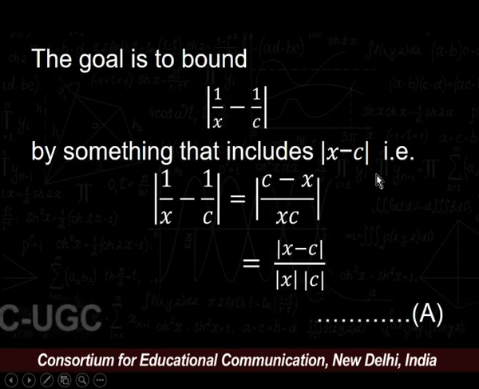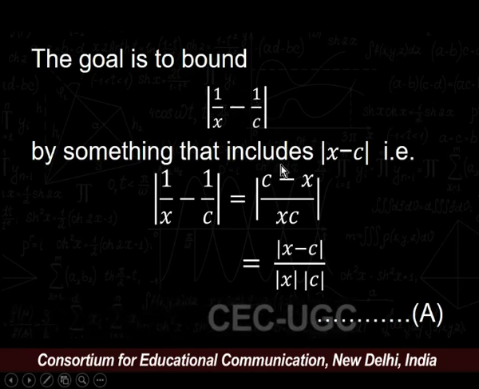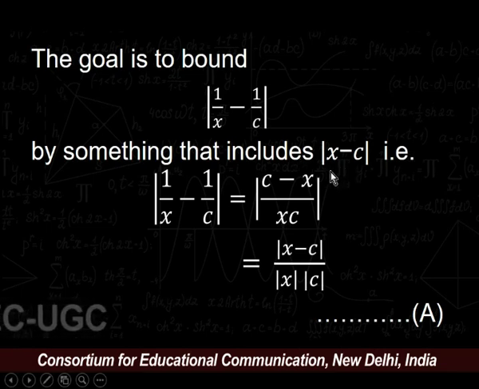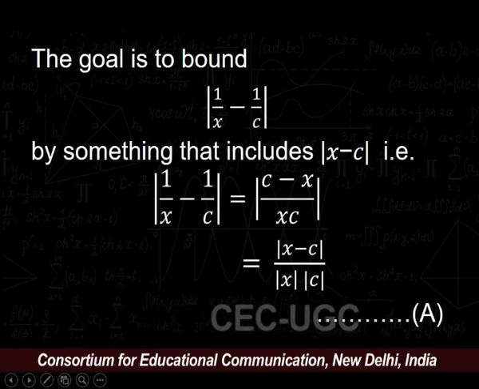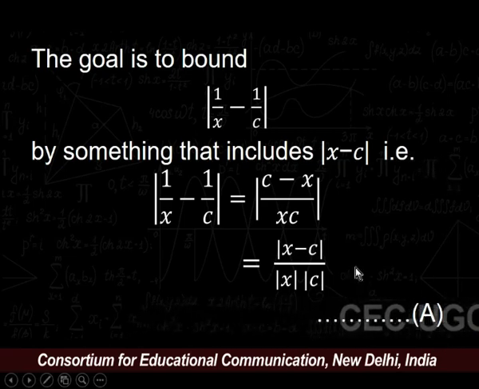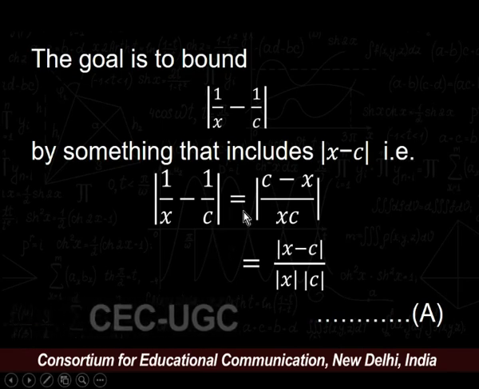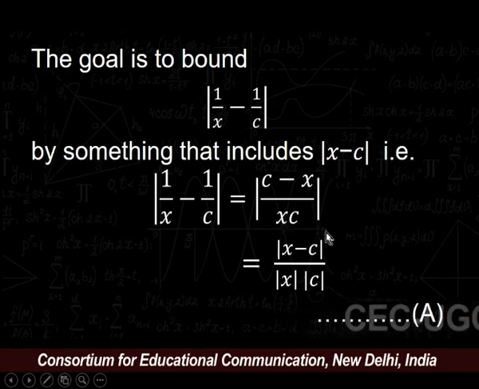So, our goal is to bound |1/x - 1/c| by something that includes |x - c|. That is, we can generate our expression A. Our expression A is |1/x - 1/c| = |c - x|/|xc|.